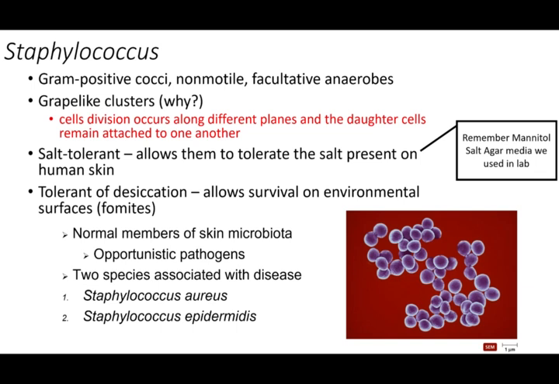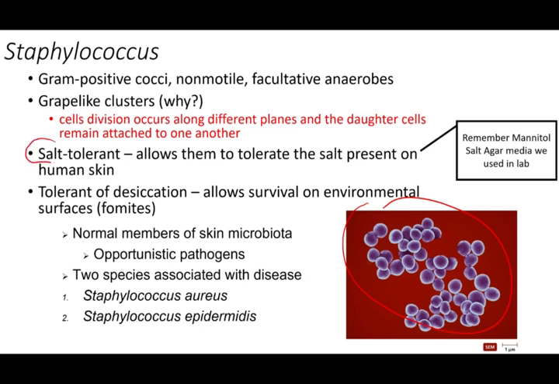And because Staphylococcus divides in kind of an irregular way in terms of cleavage planes, you can get what we call irregular clusters or grape-like clusters of them. So this picture down here is just reminding us of how they can be stuck together and they look like a cluster of grapes.